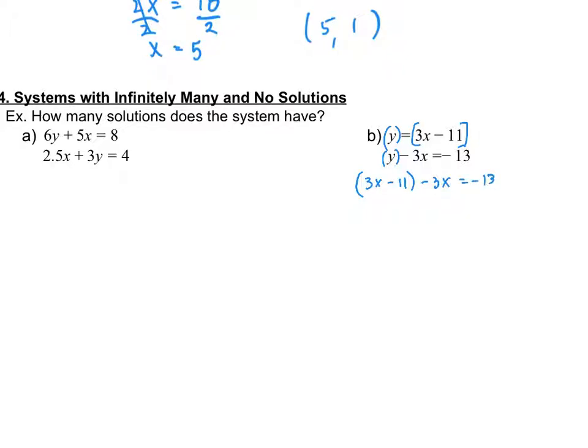The parentheses aren't important here, so I'm going to drop them and combine like terms. I have 3x minus 3x, that's going to give me 0x, so those two cancel each other out, and then I'm going to have negative 11 is equal to negative 13. Well, that is not a true statement. There's no solution because it's never true. So we have a no solution item.